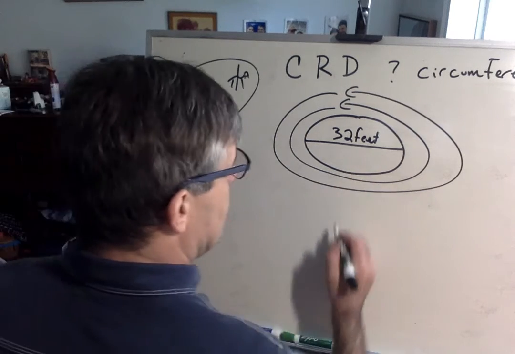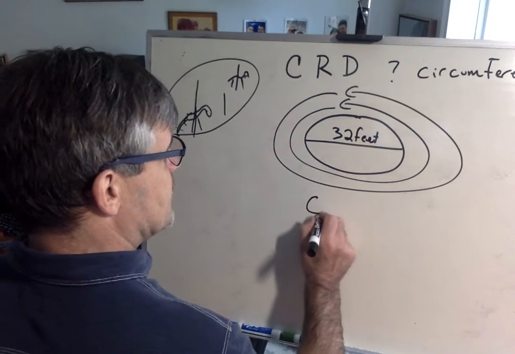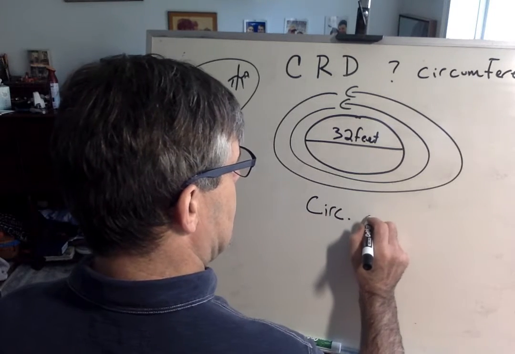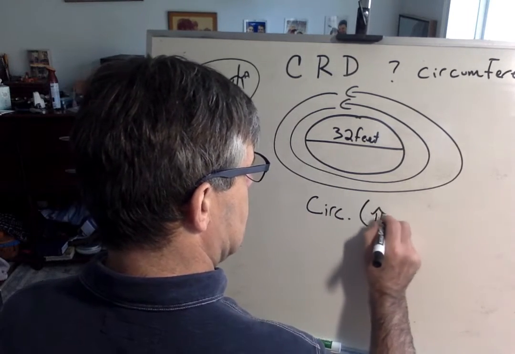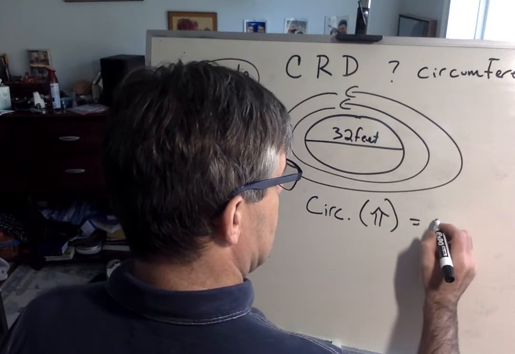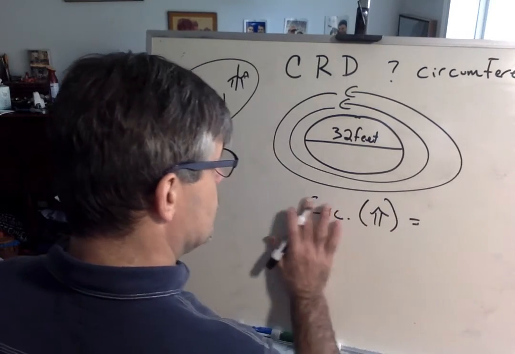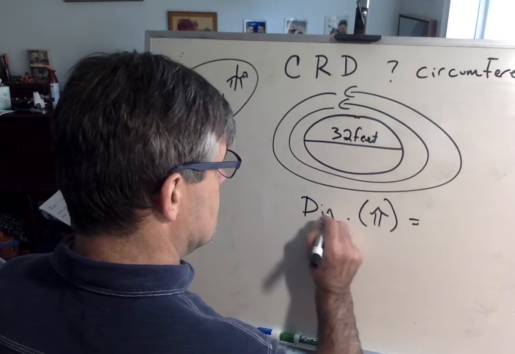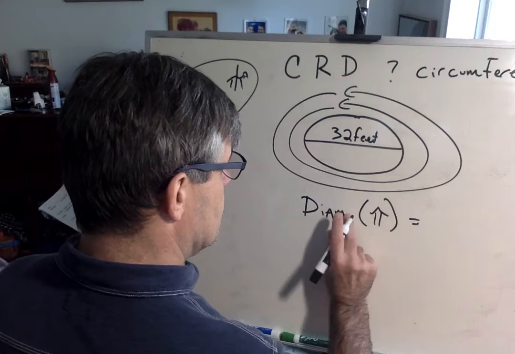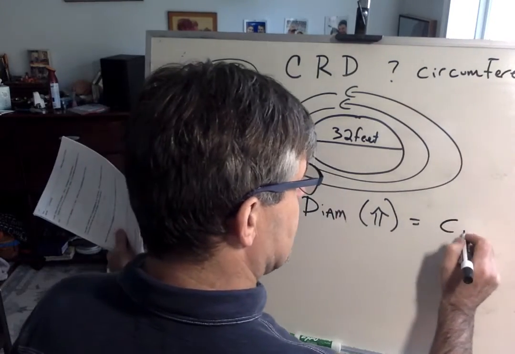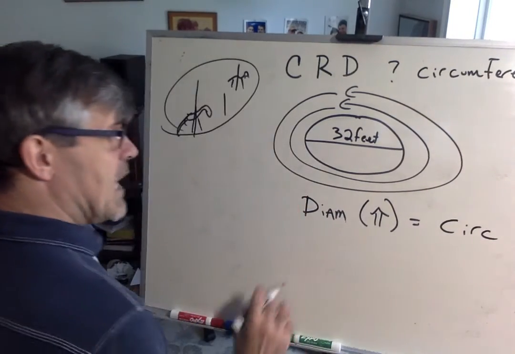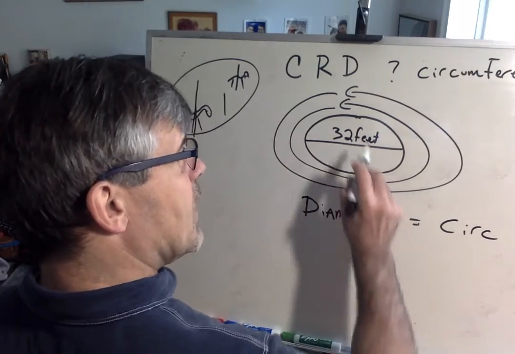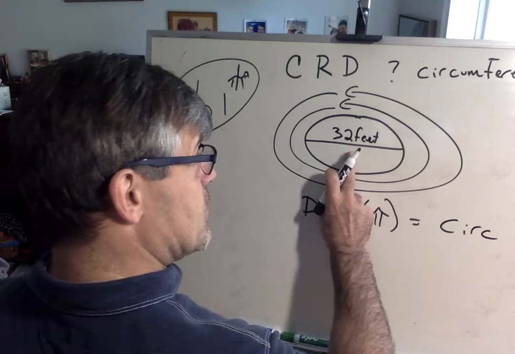We know that the circumference equals diameter times pi. Okay, diameter times pi equals circumference. But what I'm asking you is, we found the diameter, which is 32.